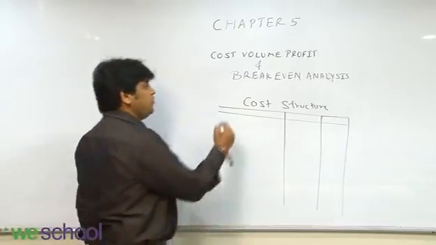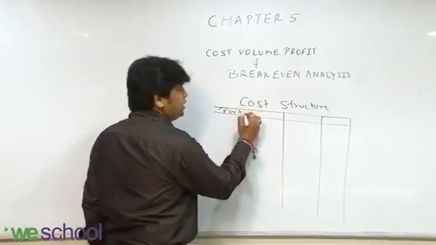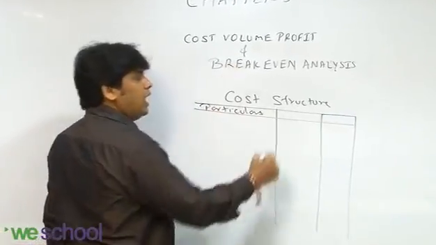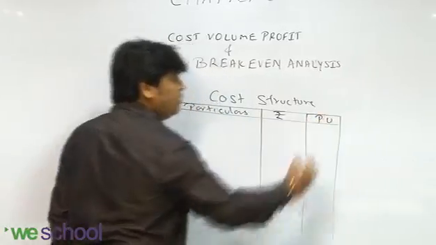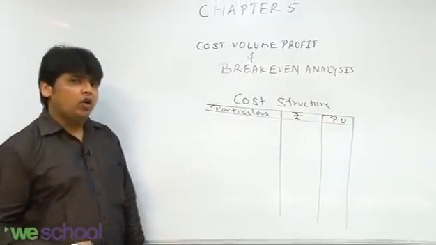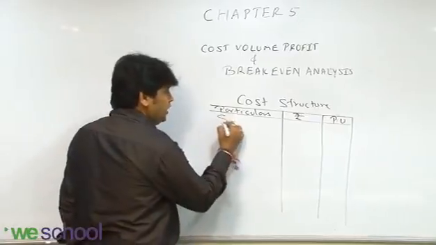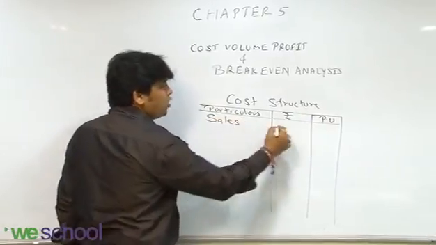What is the cost structure? That is, this is your particulars. Rupees means amount, and PU means per unit cost. Okay, so first in the cost structure will follow sales or revenue.